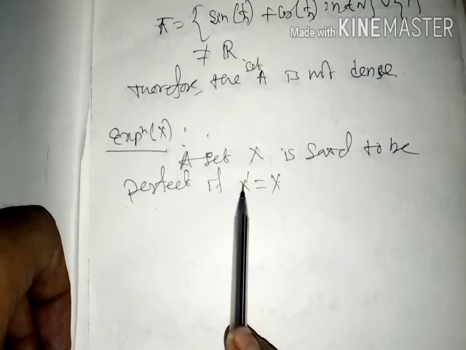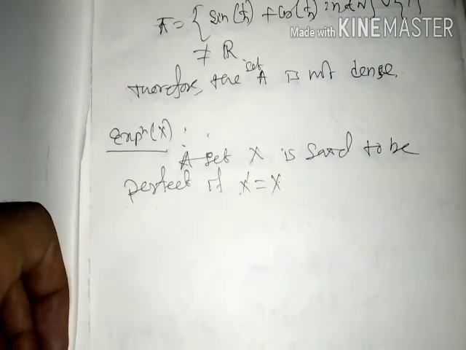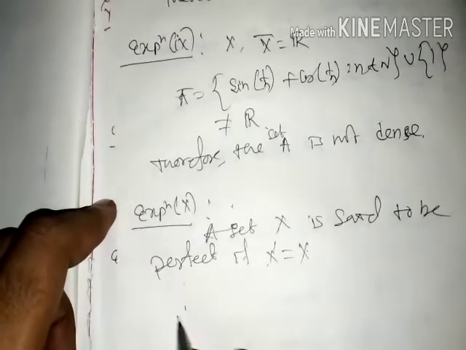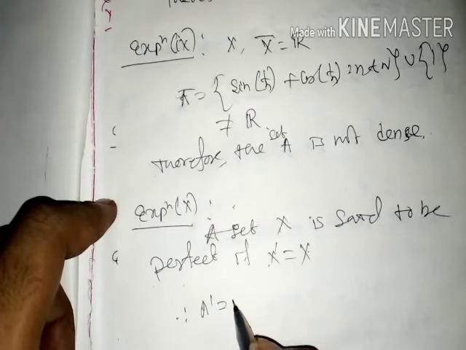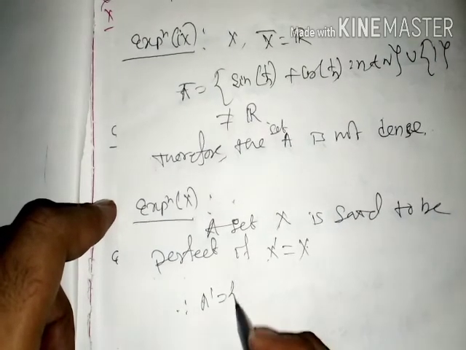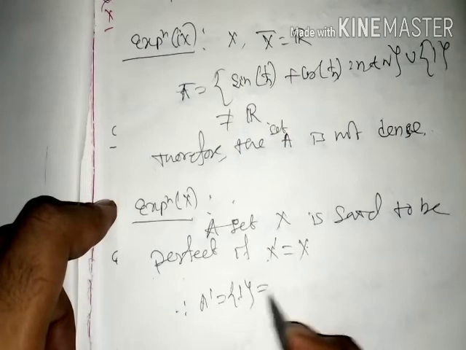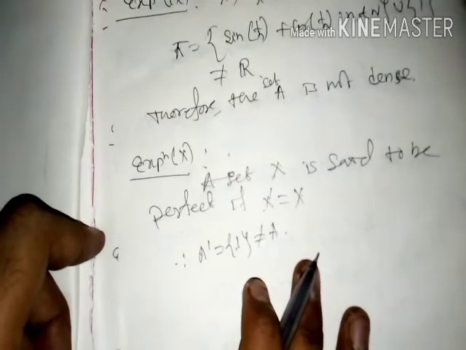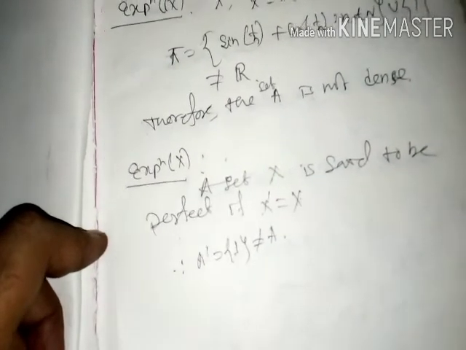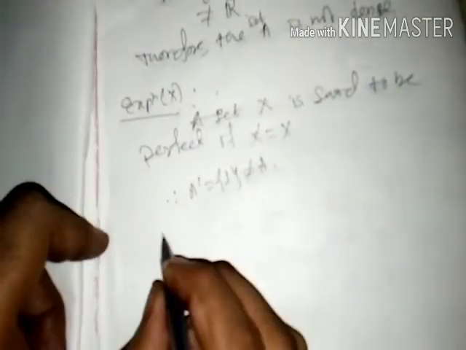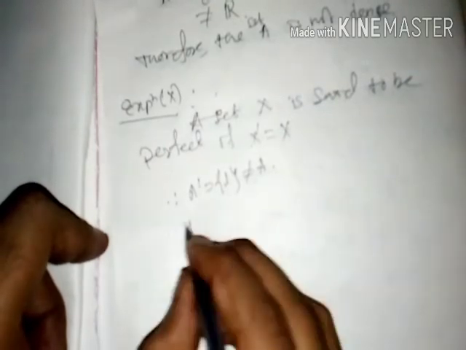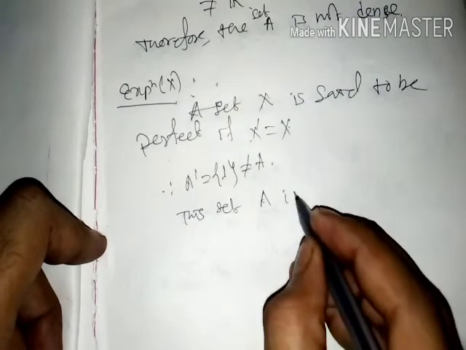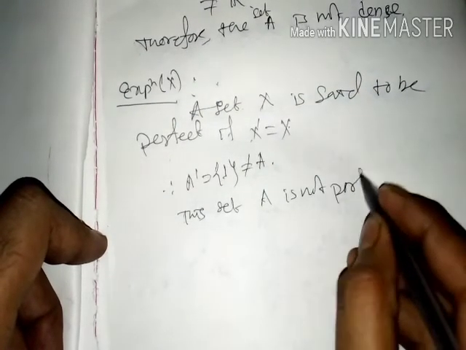Mathematically, we write X dash equals X. In case of A, what do we get for A dash? We get A dash equal to {1}, which is not equal to A. That's why this set A is not perfect.